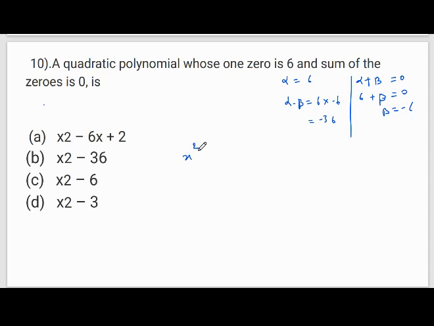So use the standard formula x square minus alpha plus beta into x plus alpha beta is equal to 0. So alpha plus beta is 0, so 0x plus alpha into beta, minus 36, is equal to 0. So x square minus 36 is equal to 0. So the option will be B.